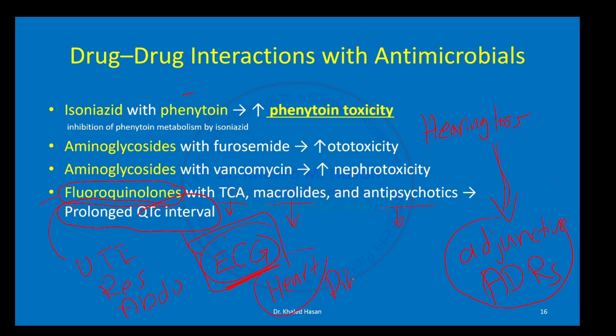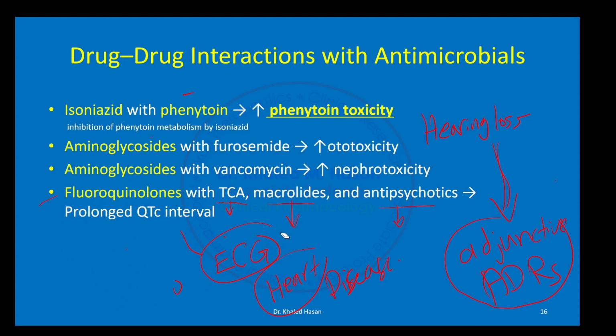Okay, so the situation here: if the patients have heart disease, there is a risk of a prolonged QT interval. For this reason, we don't recommend to prescribe fluoroquinolones with tricyclic antidepressant, macrolide, or antipsychotic, because of the risk of prolongation of QT interval.